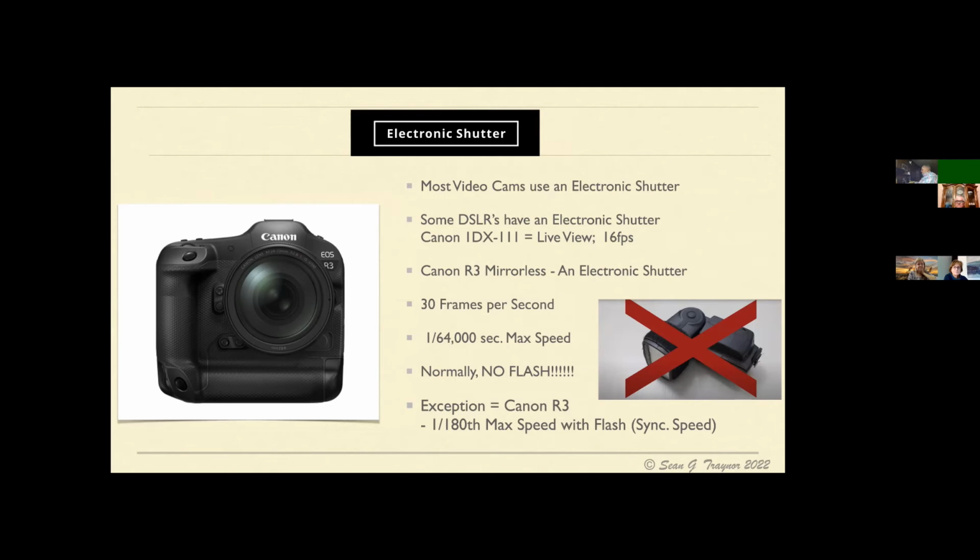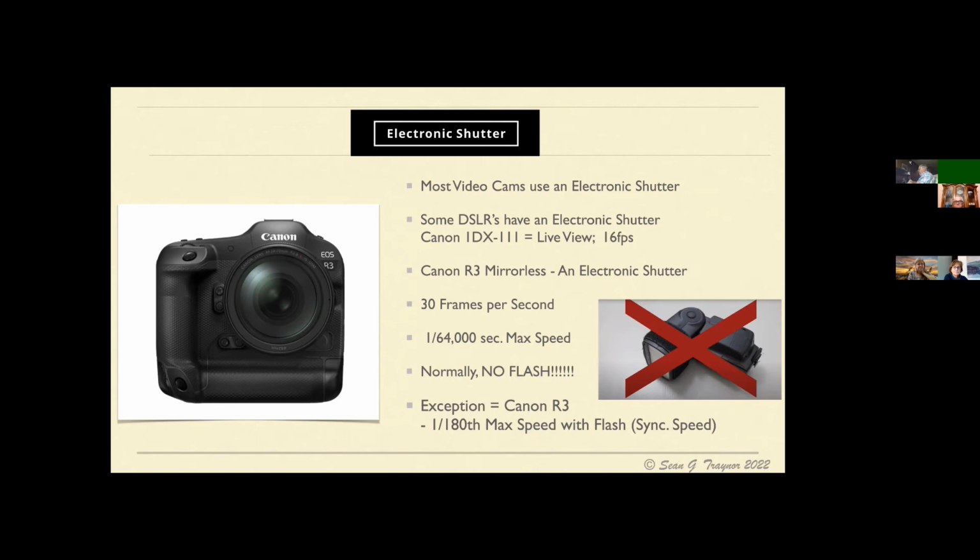The Canon mirrorless camera has an electronic shutter. With that electronic shutter, it can take 30 frames a second, a maximum speed of 1/64,000th of a second, which is amazing.